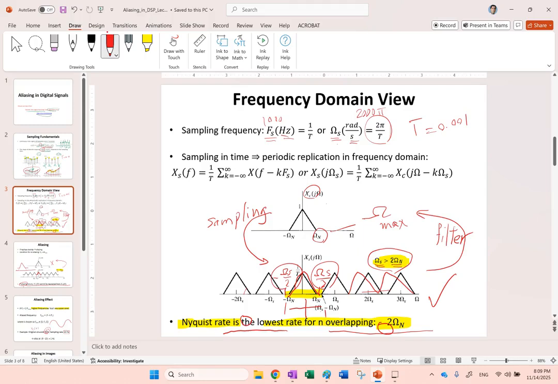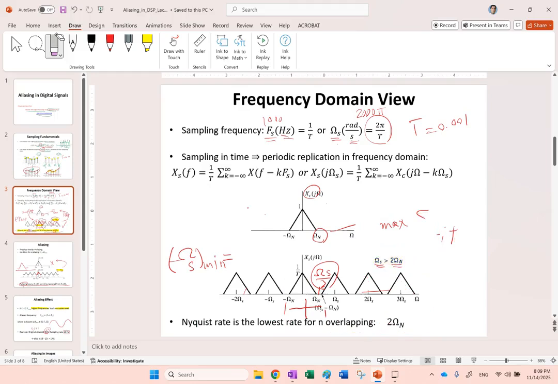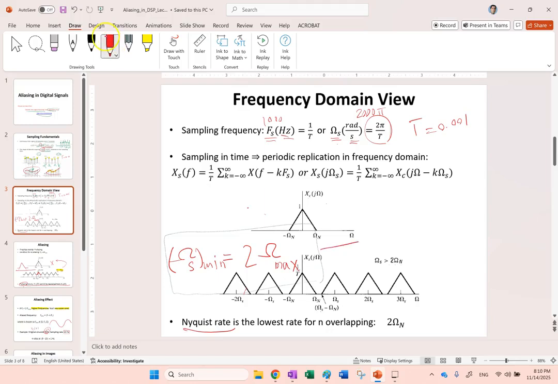So it says that basically the minimum omega s that you can sample a signal with is equal to the Nyquist rate, which is 2 times the maximum frequency in the analog signal. Okay, so it's 2 times omega max, and this right hand side is called the Nyquist rate. And this theorem that says this is your minimum sample rate also has a name.